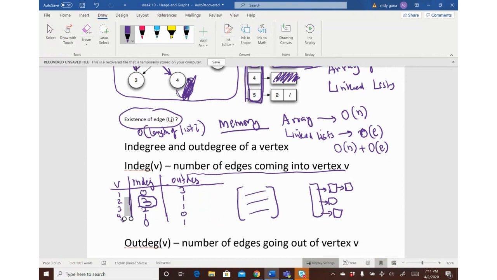If I want to find the in-degree of 2, which representation is the most useful? Someone said adjacency matrix. That's correct.